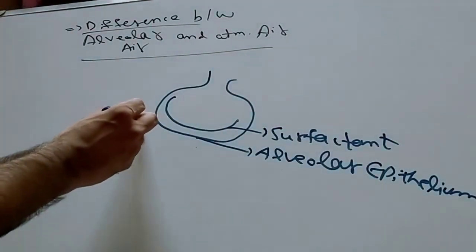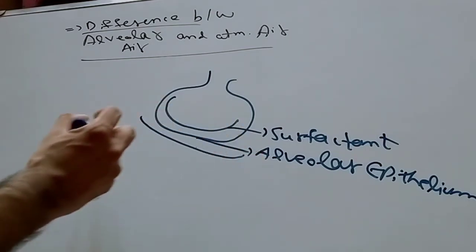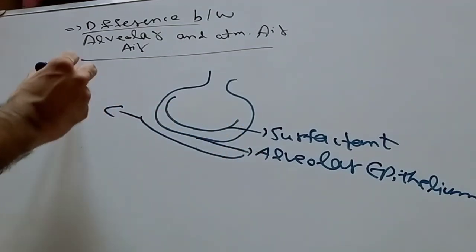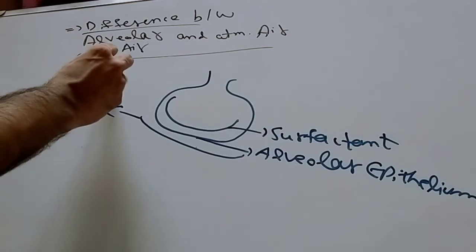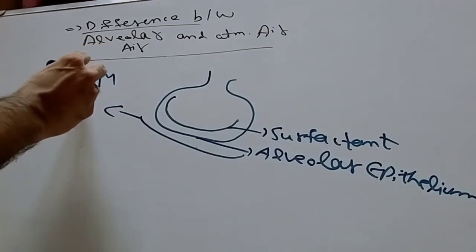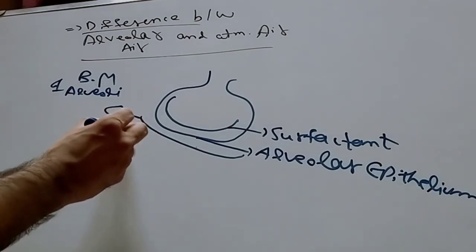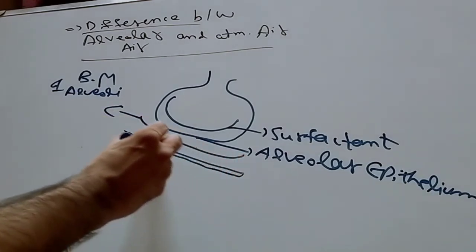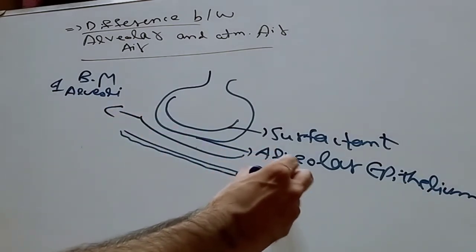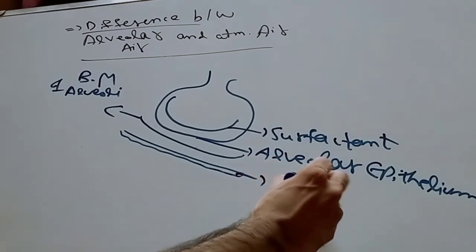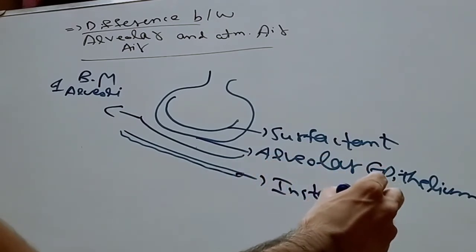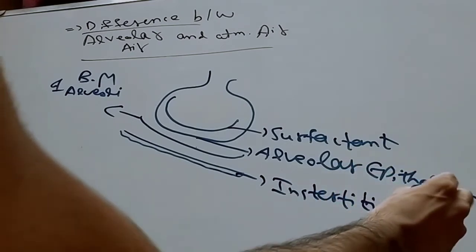Then here comes the basement membrane of the alveoli. Then here it is the interstitial fluid.